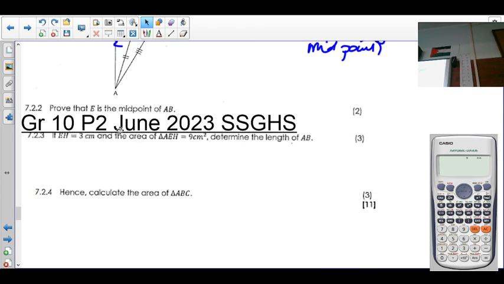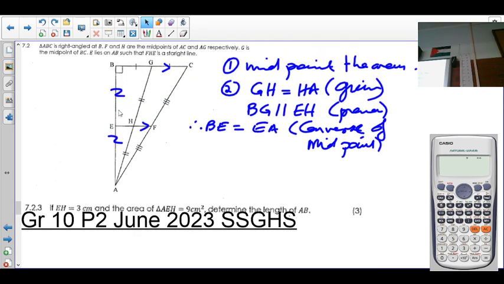Then 7.2.3. We are told HE is 3. So if HE is 3, then of course BG is 6. And so on and so on.